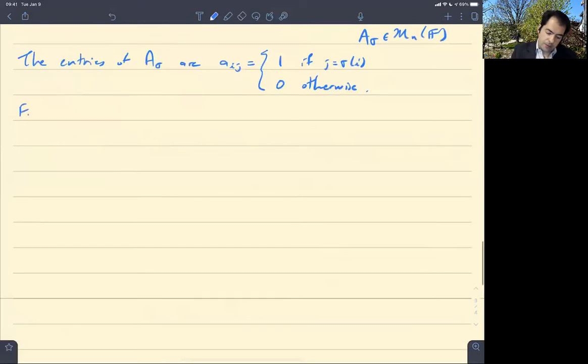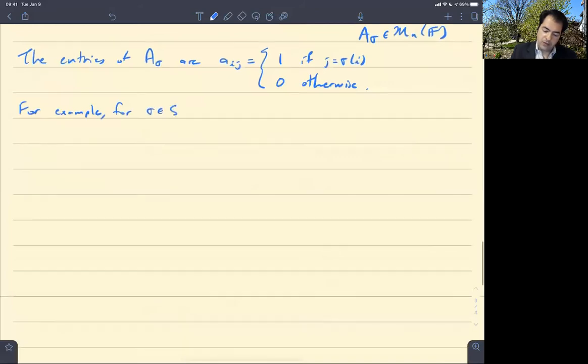So for example, let's say that you give me sigma in S_4, so this is permuting the numbers 1, 2, 3, 4. And let's say that this one is sigma(1) = 2, sigma(2) = 1, sigma(3) = 4, sigma(4) = 3, right?